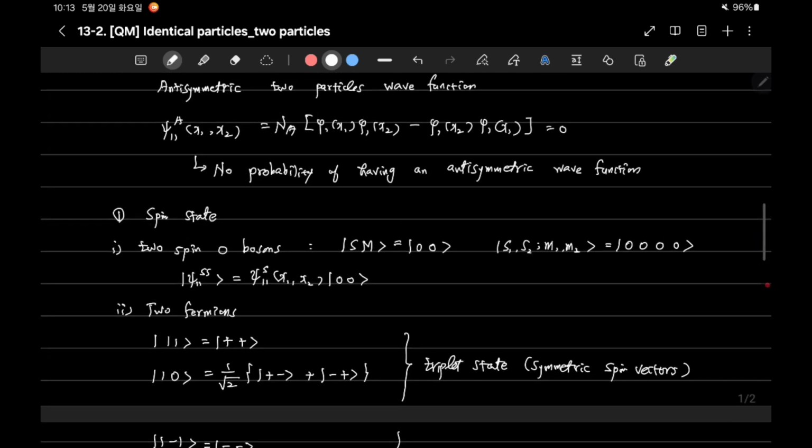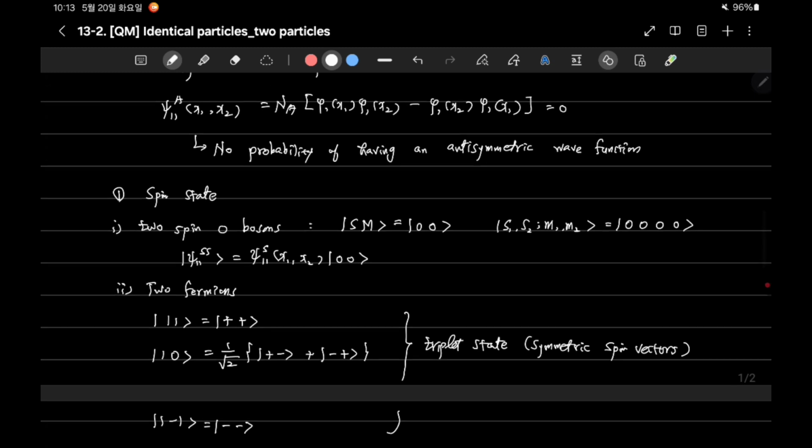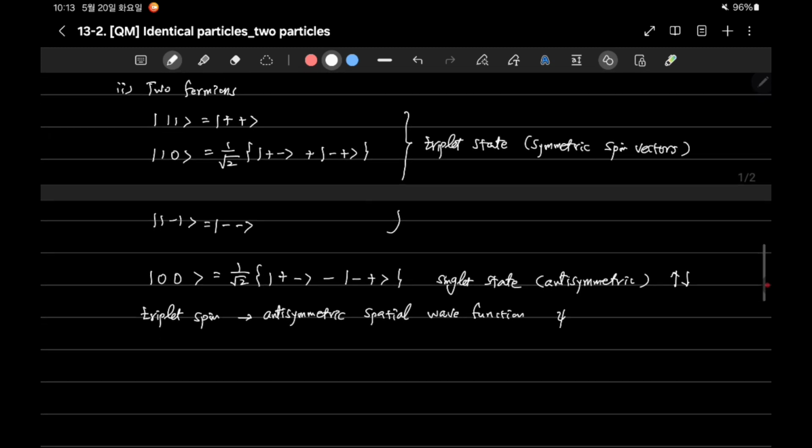As we discussed above, the antisymmetric spatial wave function should be 0. So psi antisymmetric 1 state x1 and x2 equals 0. It means that this is the Pauli exclusion principle: the probability of the ground state wave function of two particles is 0, so there is no possibility of two particles occupying the same quantum state. It is the Pauli exclusion principle.